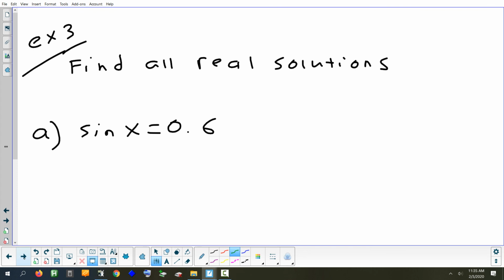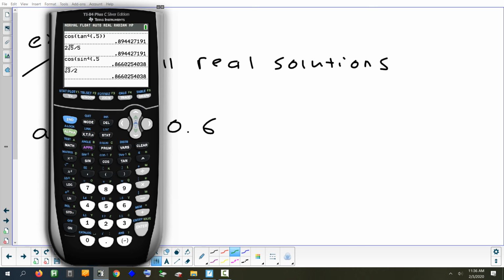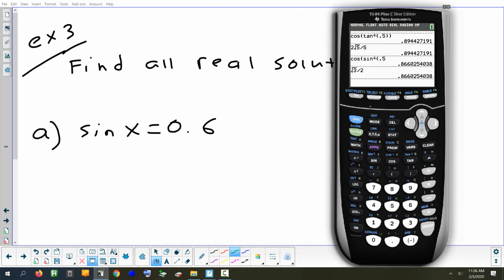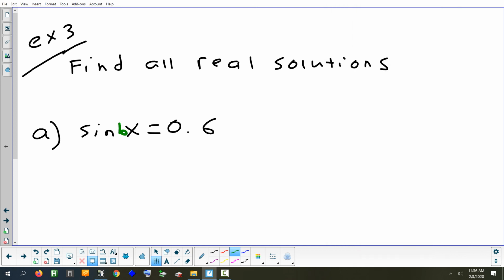Okay, so let's try this one. Sine of x equals 0.6. So, what Zach might have been thinking of when he said the 2 pi over 2 thing, I call that letter B. The formula to calculate the period is 2 pi over B. So he might have been thinking of that, but if you don't have anything in front of the x, it's just a 1.